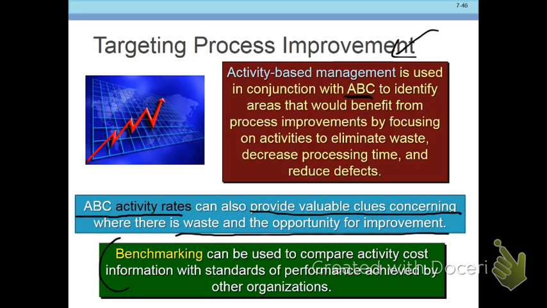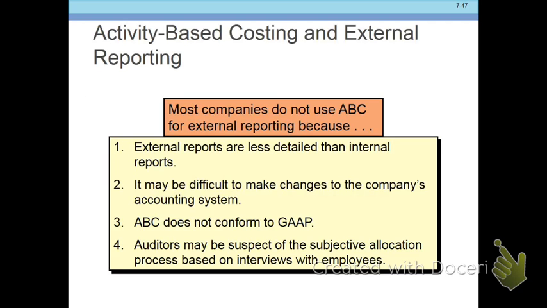And companies will also a lot of times benchmark off of whoever is an industry leader for those types of things. I don't think any company uses activity-based costing for external reports. And the big reason, in my opinion, is that ABC doesn't conform to GAAP.